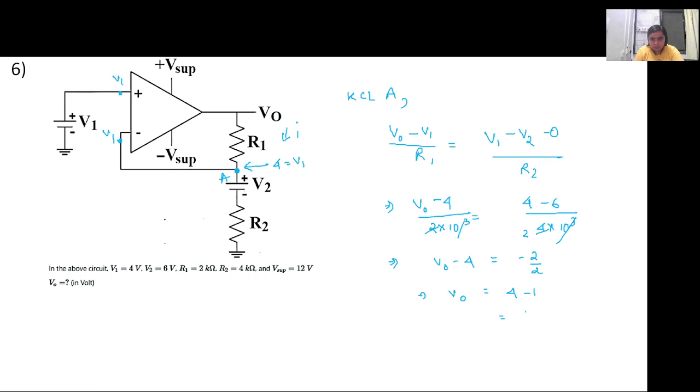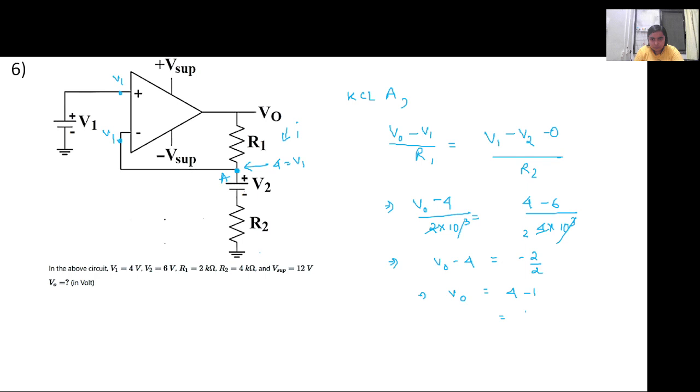Sorry, did I miss something? Oh yeah, minus V1, I forgot. So (V naught minus V2 minus V1) minus 0 by R. So V naught will be equal to V1 plus V2, and this is 4, this is 4, so this will be equal to 8 volts.